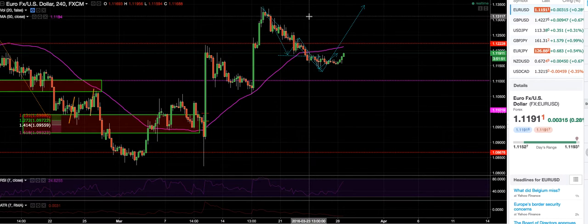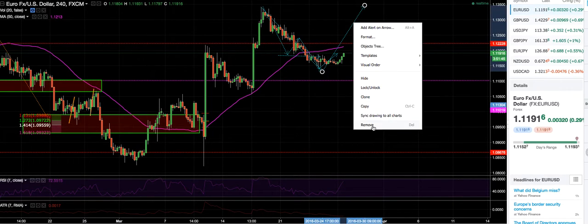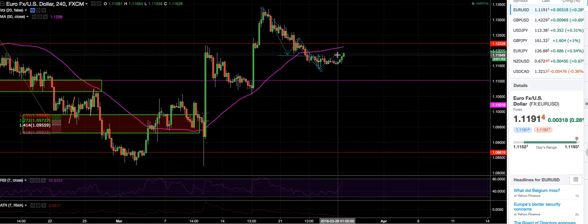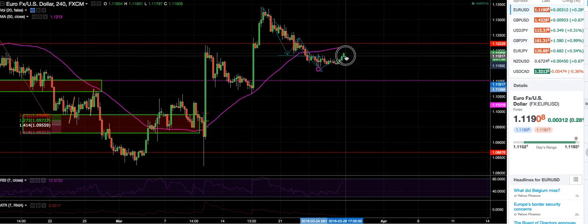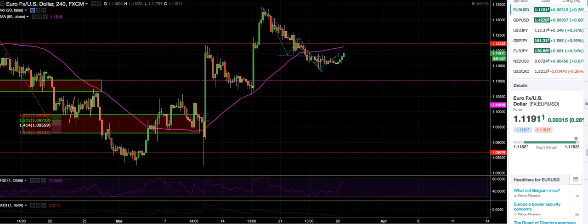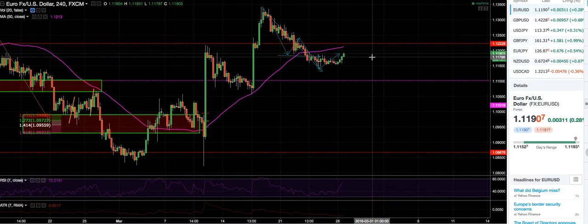So if you were trading off a 15-minute time frame, I would agree that this was more important, that this is the structure and you expect the market to push a little lower, right? Just all a matter of perspective, guys.